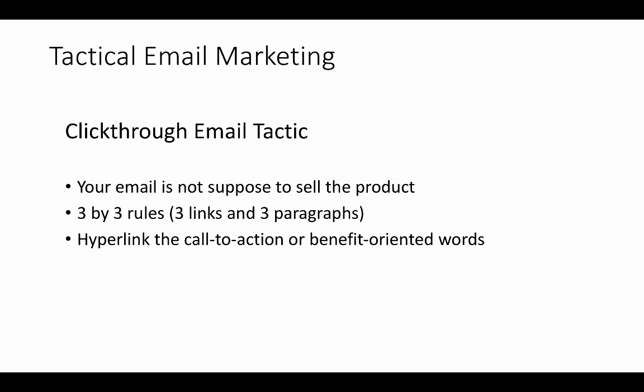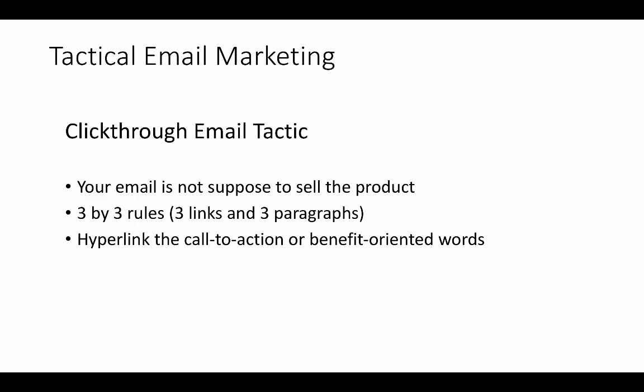Again, that would be a bad example because you should never have the text order now in your email in the first place, because then you are violating the first rule. Your email is not supposed to sell the product. Okay? So let's say you have a text that says click here now. What you can do is hyperlink the text click here now to go to the offer page.